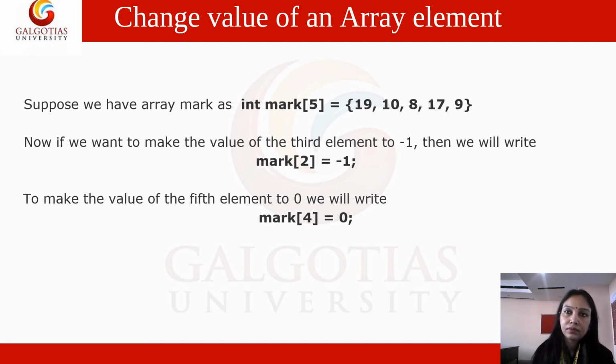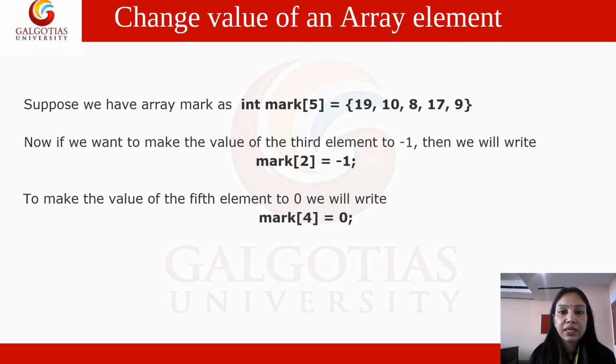Okay, so we can do it easily, just by writing the location name, meaning the array name, and the index in which that particular element is stored, and with the help of equal to, that is the assignment operator, we can assign the updated value. So here you can see marks[2] = -1; means whatever we had in the place of marks[2] at the time of declaration, we had 8.